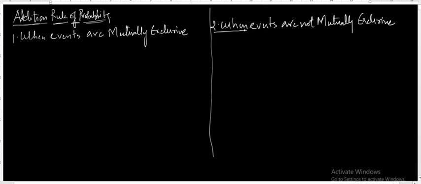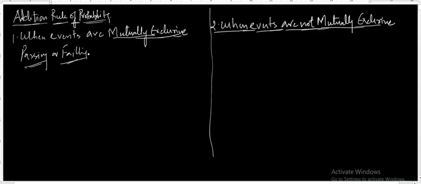Now let me consider a scenario like this. What do we mean by mutually exclusive events? Mutually exclusive events means that one thing can occur and the other will not. For example, passing or failing the examinations. These types of events are mutually exclusive.